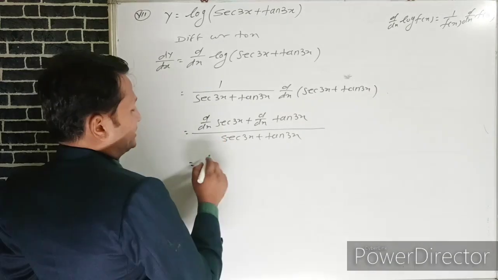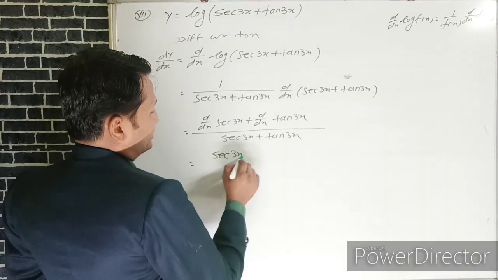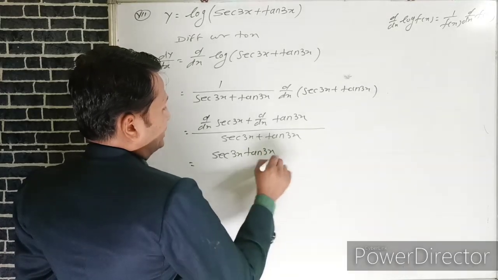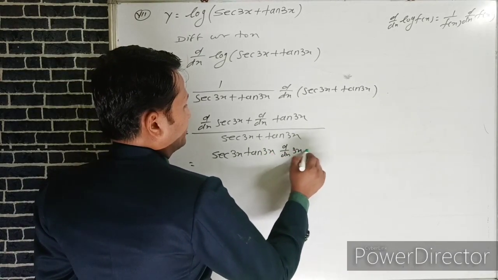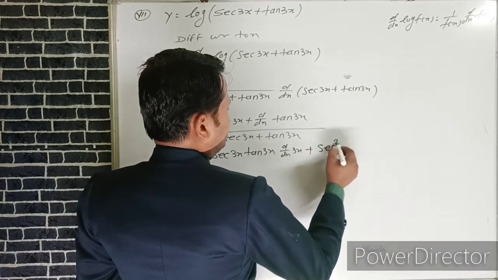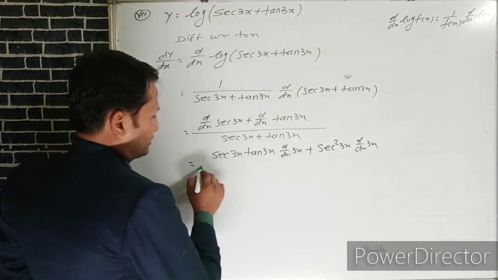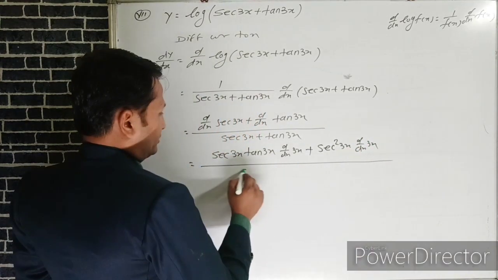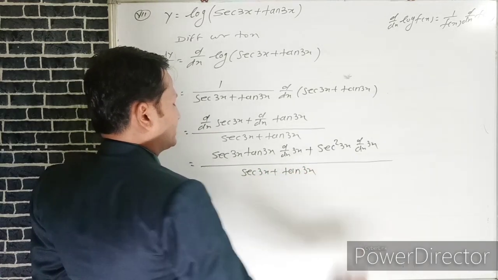Derivative of sec x is sec x into tan x. Hence we can write the derivative of sec 3x is sec 3x into tan 3x into again a derivative of 3x plus derivative of tan 3x is sec square 3x into again a derivative of 3x upon sec 3x plus tan 3x as it is.